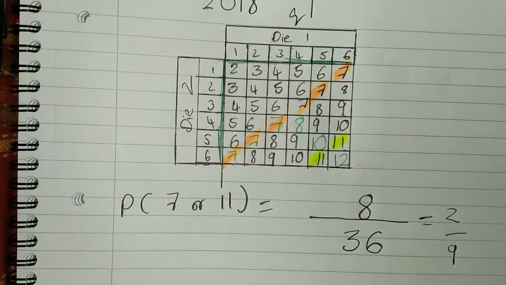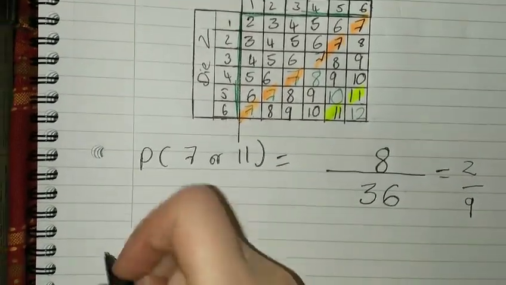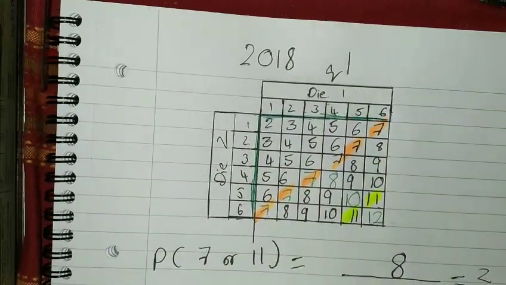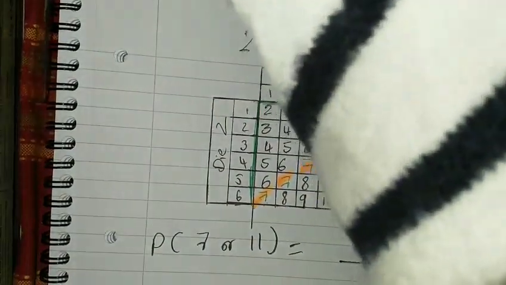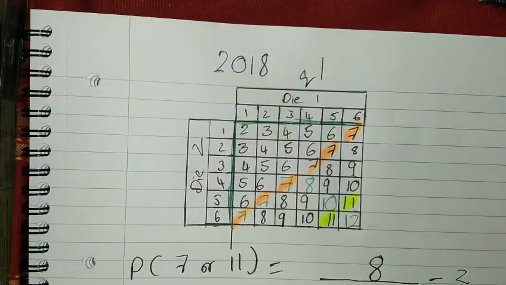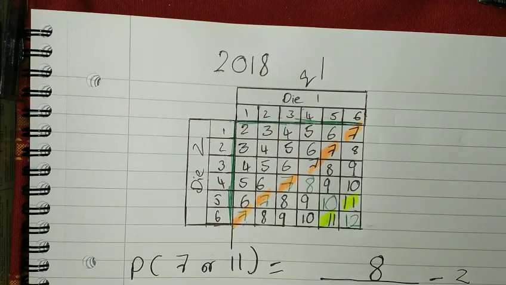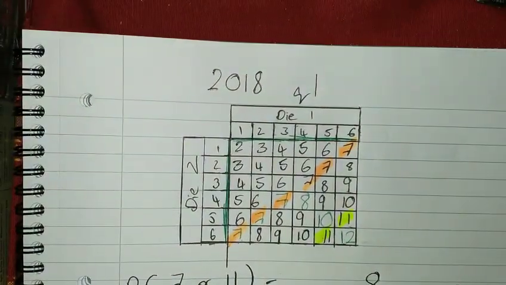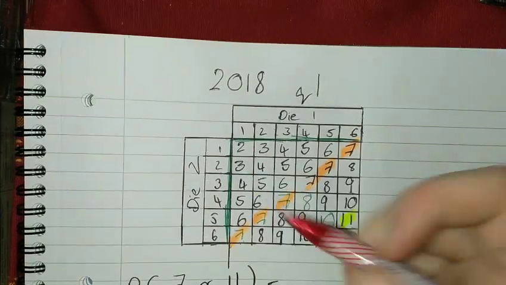Then we're asked to find the probability of getting a total which is a prime number. I'll use a different colour. A prime number is a number whose only factors are 1 and itself, so the only things that divide into it are 1 and itself.